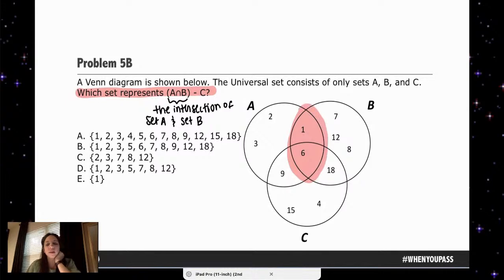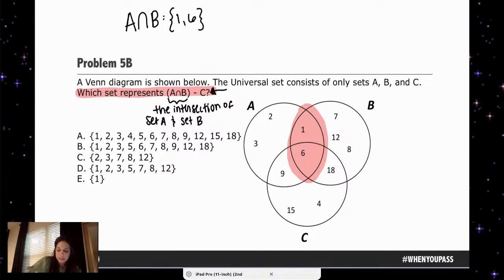That is the only place that A and B intersect. That's it. So if it said, what is the intersection of set A and set B, and that's it, we would be writing 1, 6. But then we still have to take out the elements that are in C.